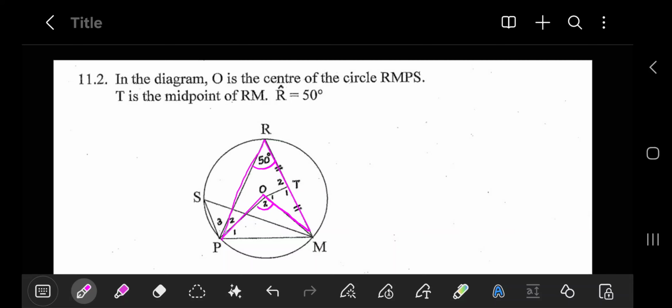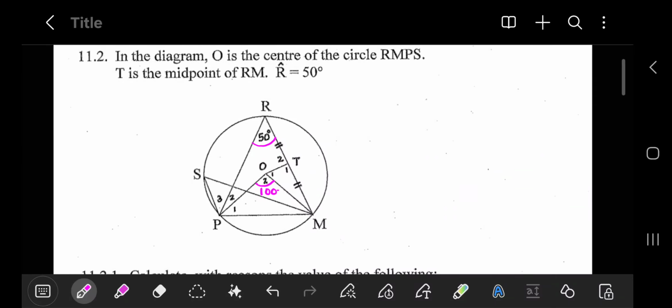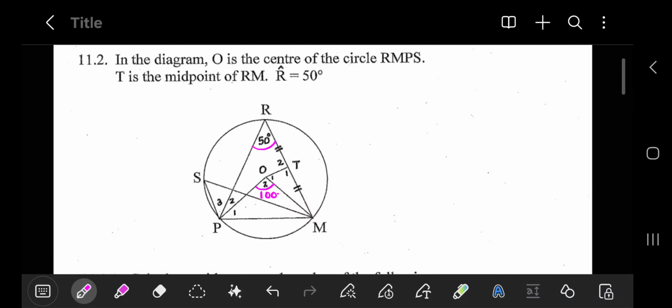O2 is subtended by PM and angle R is subtended by PM, but O2 is at the center. What we know is that the angle at the center is 2 times the angle at the circumference. So angle O2 is 100 degrees, and our reason for that is angle at center.